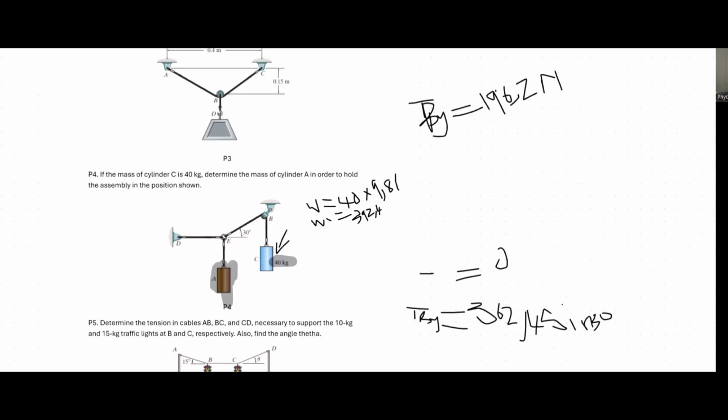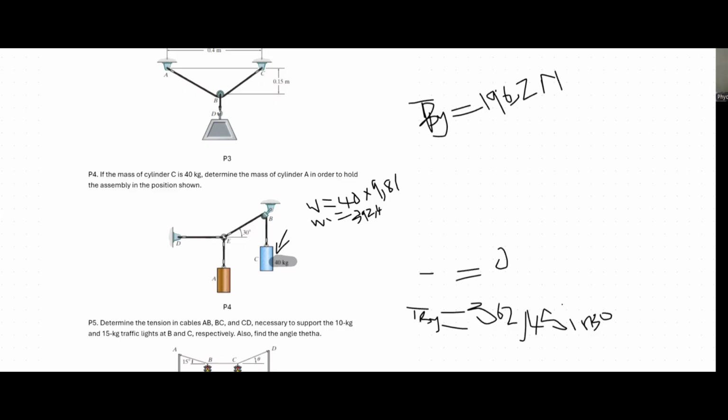So we are going to say we're taking all the sum of forces in the vertical axis. Remember, let me arrange this. Our mass at A here is going down, so we're going to minus.